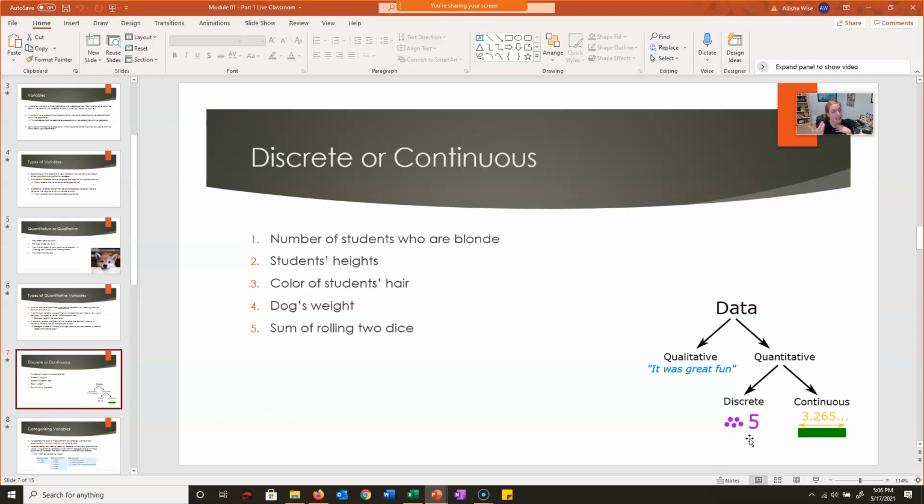So think of discrete as a finite number of possible values or outcomes, whereas continuous had an infinite number of options. This was the example of waiting in line at Starbucks. How long am I going to wait for my coffee? There's an infinite number of options, whereas discrete is like how many outcomes from rolling this ball. Okay, that sort of thing.